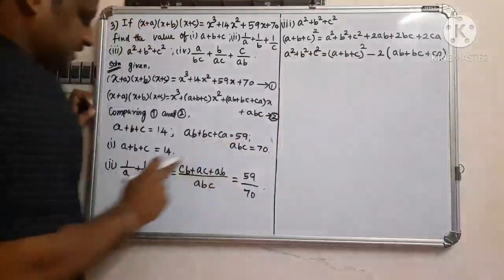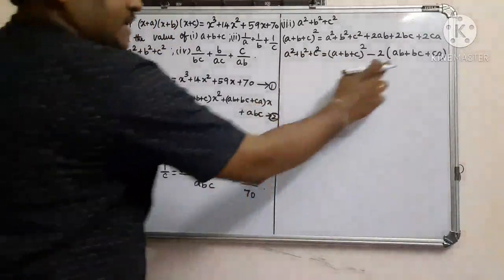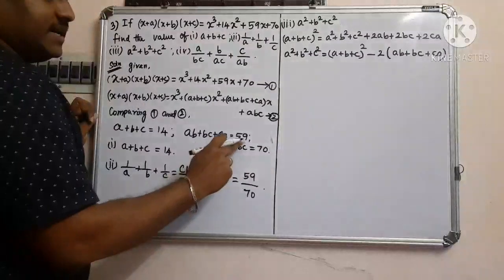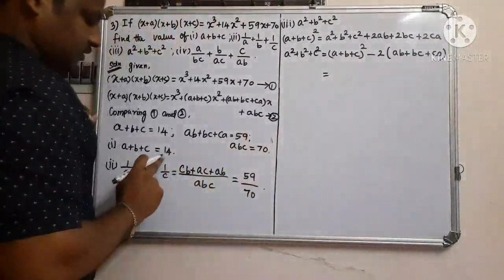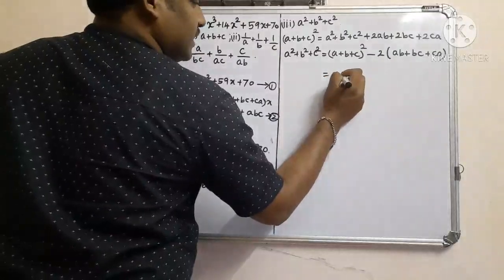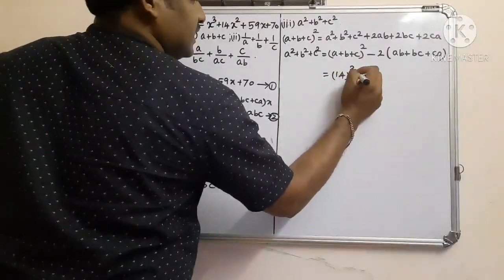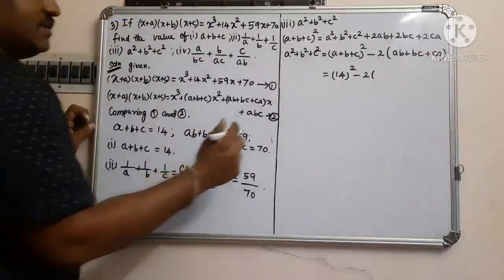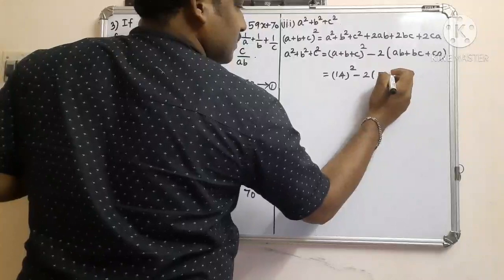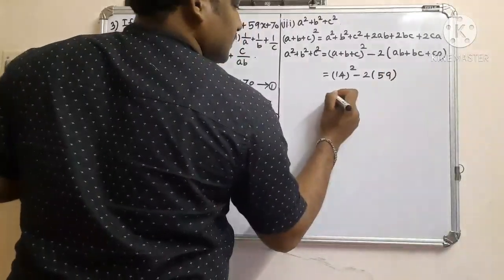Now substitute the values. Instead of a + b + c, we have the value 14, and ab + bc + ca value is already given as 59.